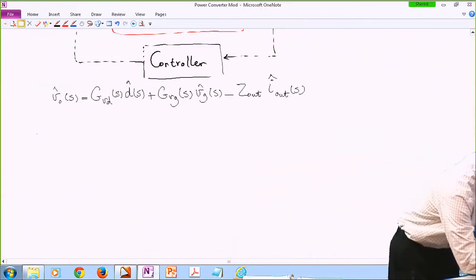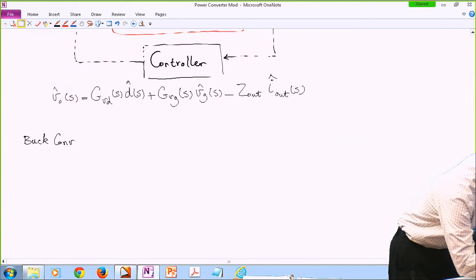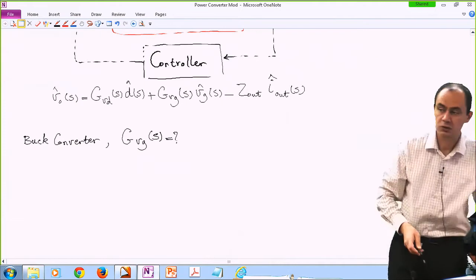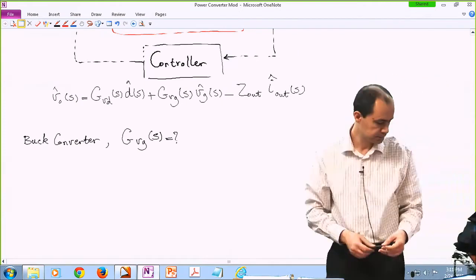So for instance, you have this buck topology, and you are trying to find the audio susceptibility transfer function for this buck topology, okay?